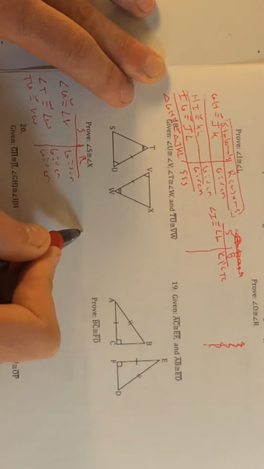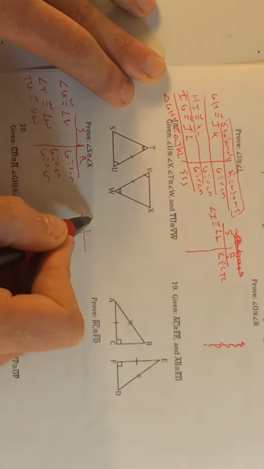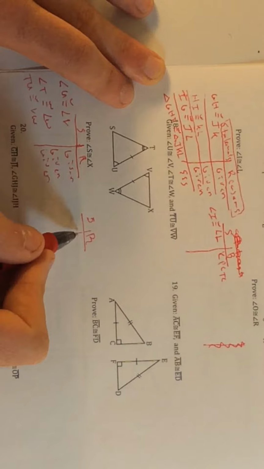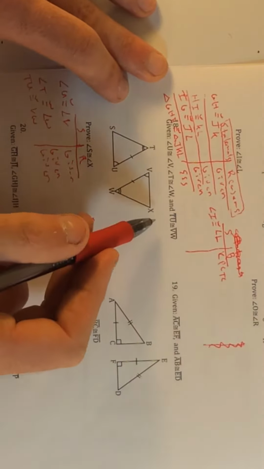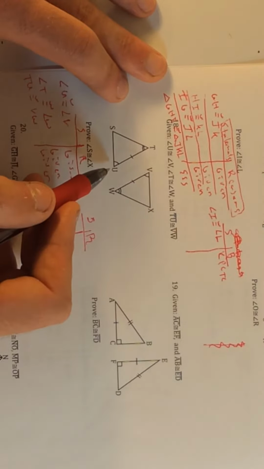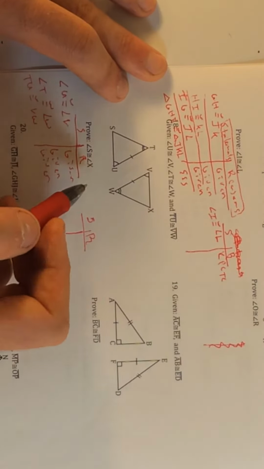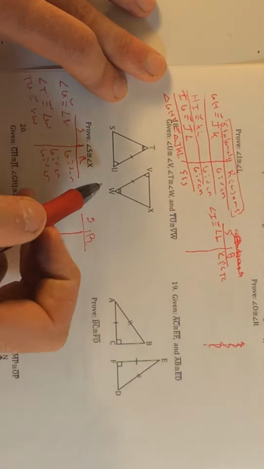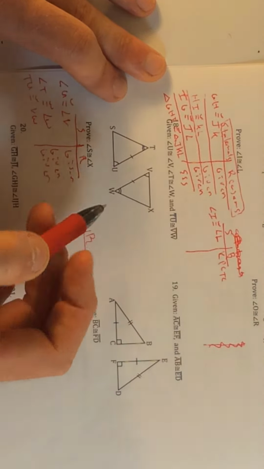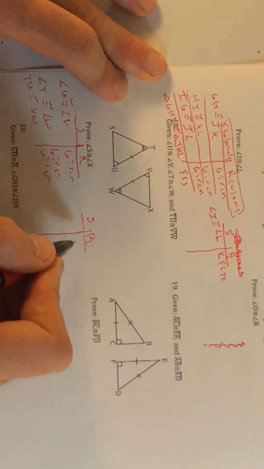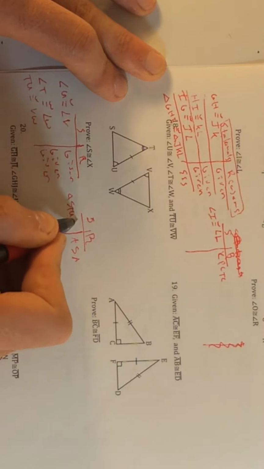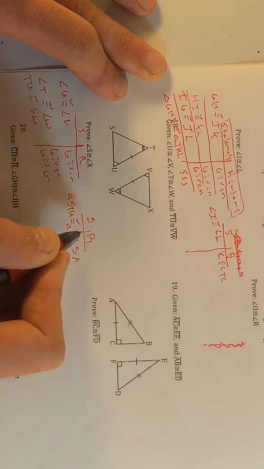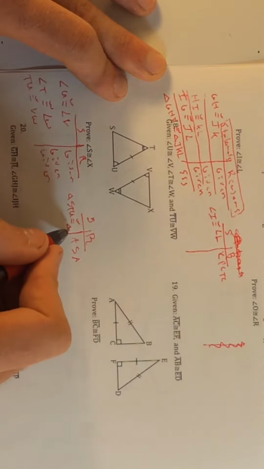I'll just continue this with another chart so I don't run out of space. So right now I have all of these parts are given. See which of our congruence theorems we have. Should see we've got angle, side, angle. So therefore, by angle, side, angle, we know that these triangles are congruent. Triangle STU is congruent to triangle VXW.